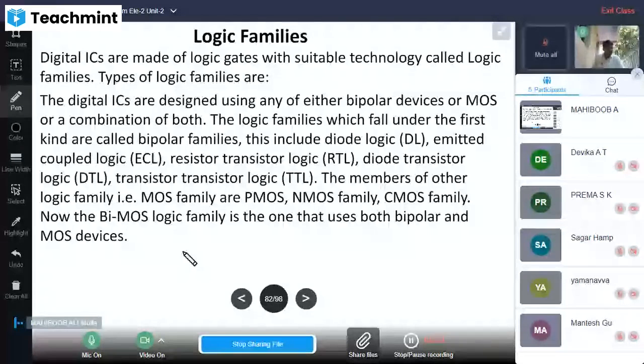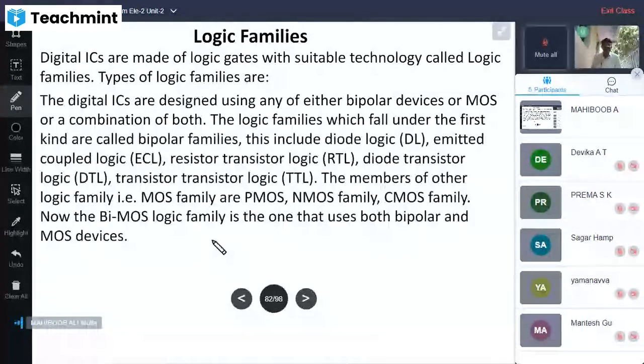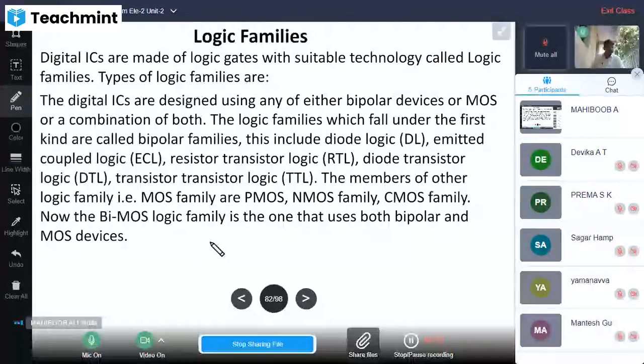Another logic family is RTL, resistor transistor logic. Resistors and transistors are used for the fabrication of logic gates, OR gate, AND gate, NOT gate, etc., known as RTL, resistor transistor logic.